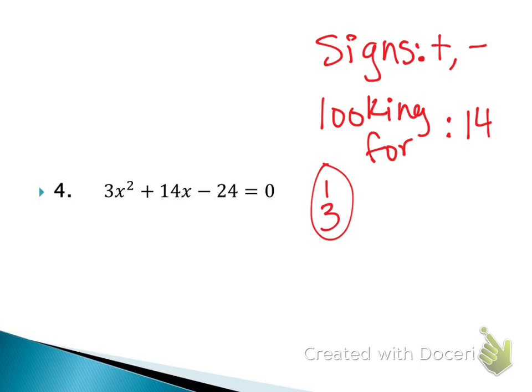Anybody figure out their second bubble? Negative 4 and 6. When we connect our bubbles, we are multiplying. 1 times negative 4 is negative 4. 3 times 6. When we combine those, wonderful. That's what we wanted. So we have to actually set this up in factored form.